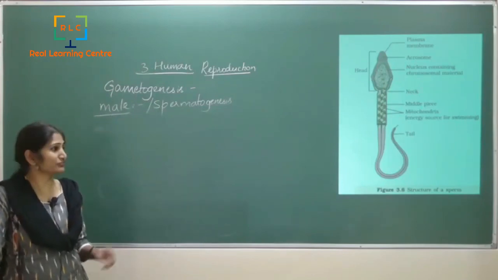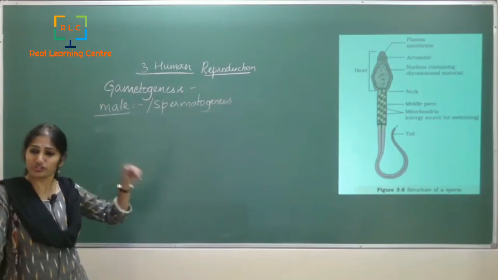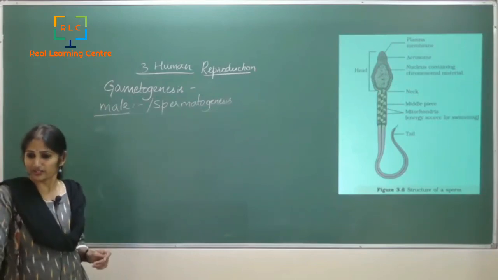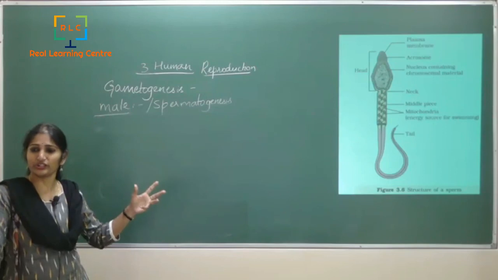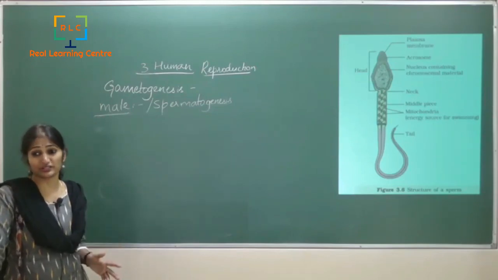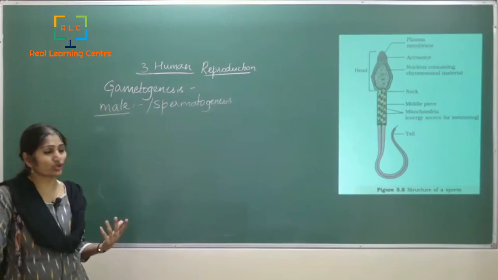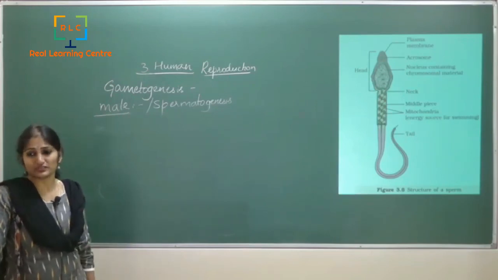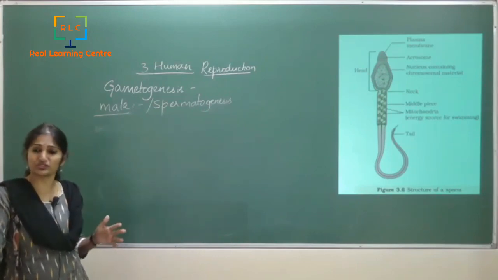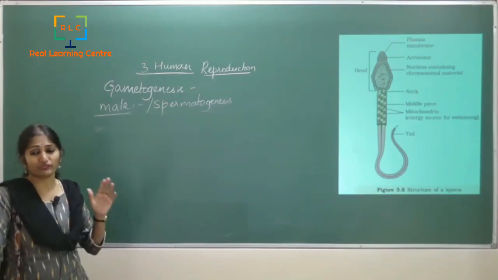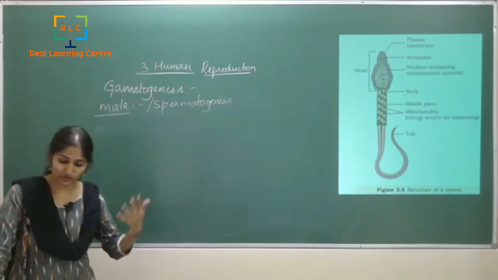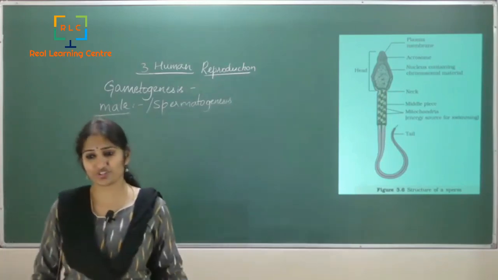They have to reach the egg, right? Out of 200 to 300 million sperms, around 60% will have normal shape and normal size, and at least out of those 60%, 40% must show vigorous motility, so that actual fertilization would happen.